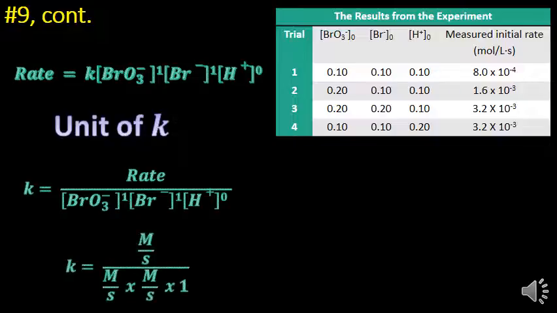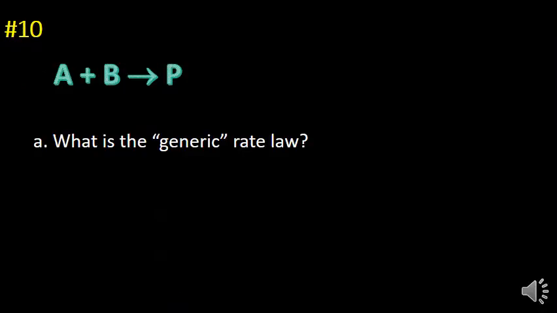We're going to ignore all that because I had 0 order. All right, take a look at this reaction, please. What is the generic rate law for this reaction? What you got there, Blaze? Isn't that with the exponents?